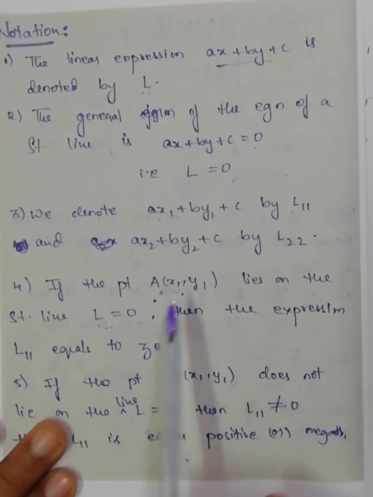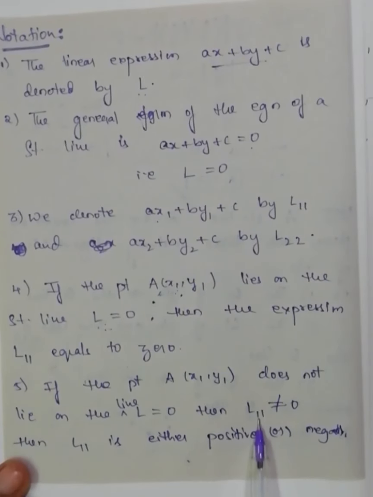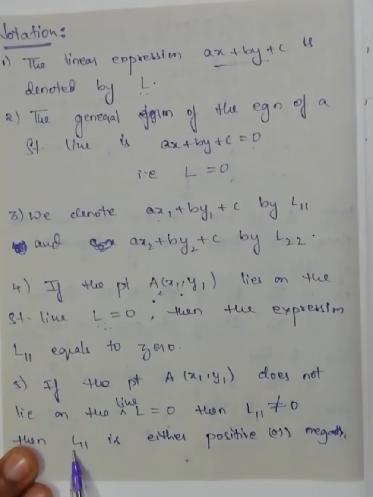If this point does not lie on this line, then L11 can't become 0. If L11 is not equal to 0, then L11 will be either positive or negative.